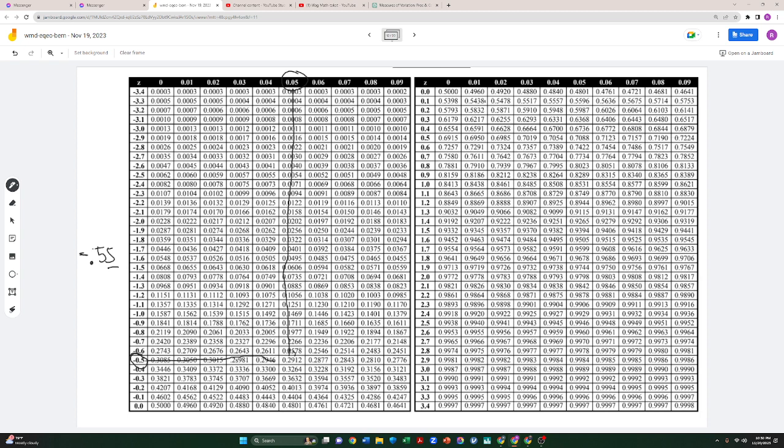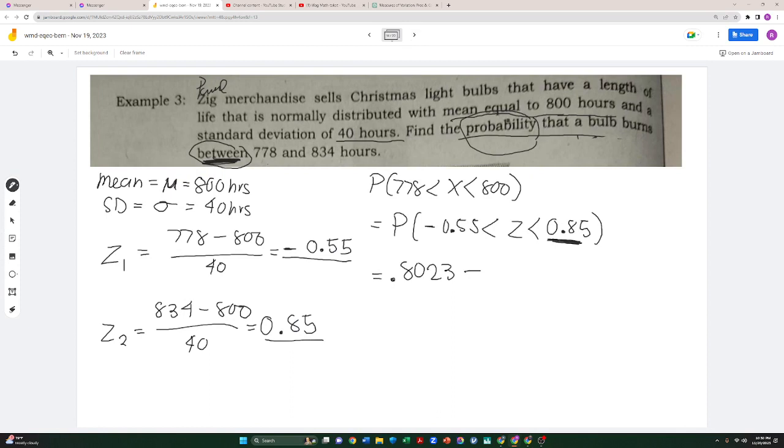So therefore, from your Z table, this is 0.2912. So 0.8023 minus 0.2912.